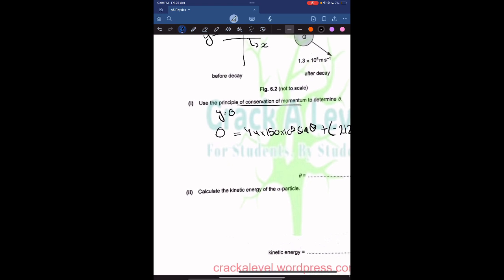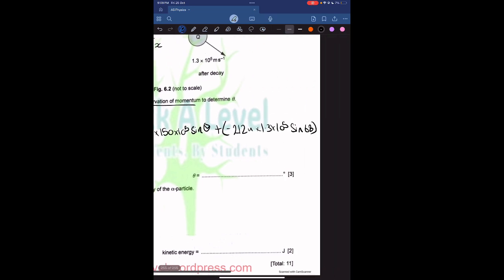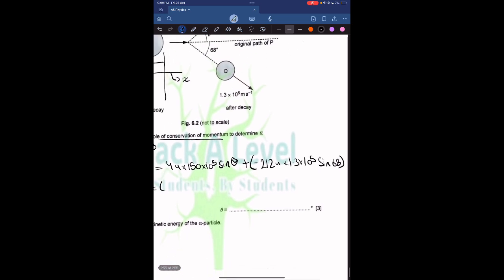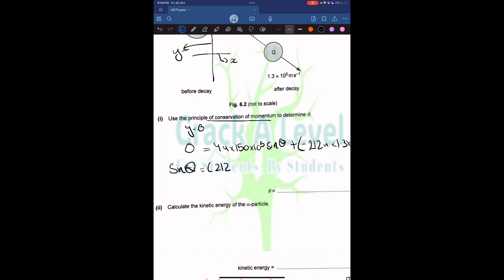In the end, I'm just briefing over it. Sine theta remains here, the other value goes there, and since it was negative it becomes positive. So sine theta is equal to the downward vertical momentum of Q: 212u into 1.3 × 10^5 sine 68, divided by 4u into 150 × 10^5.